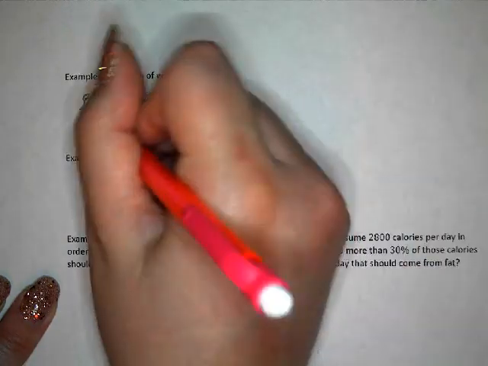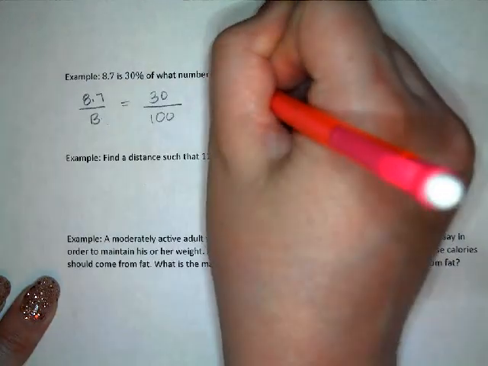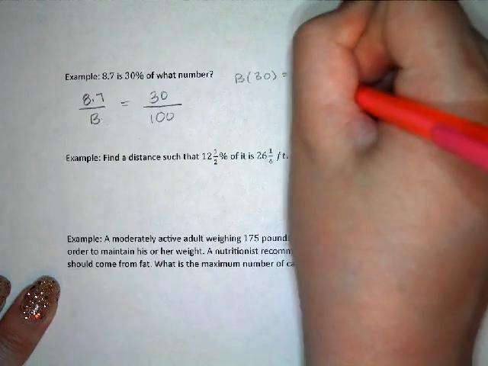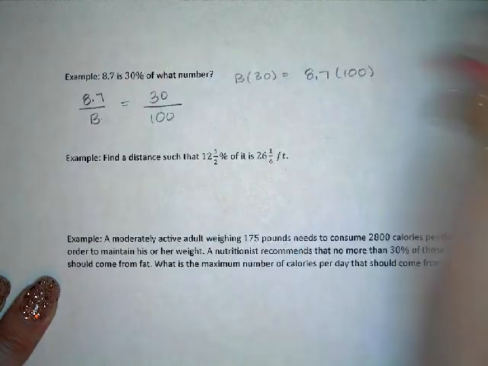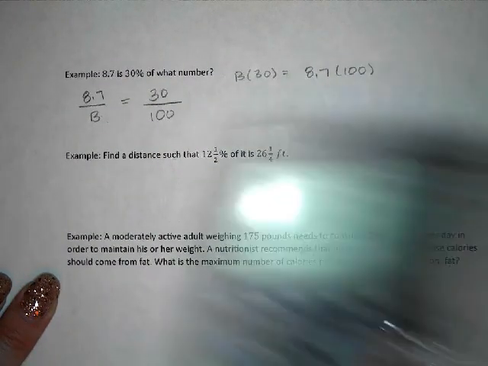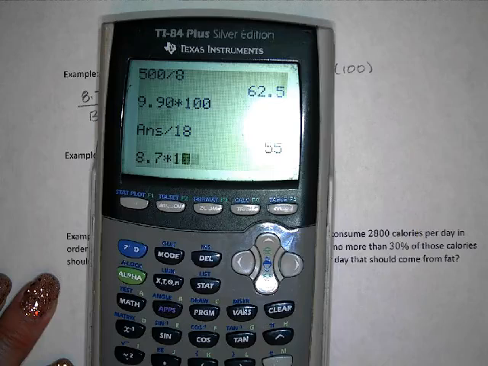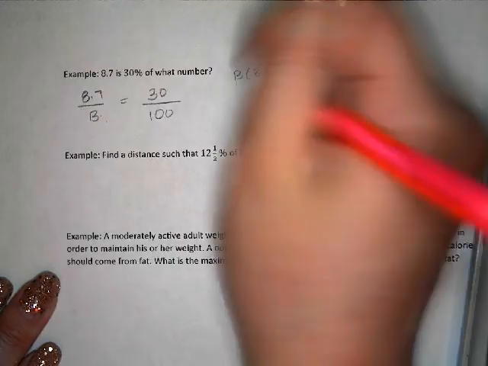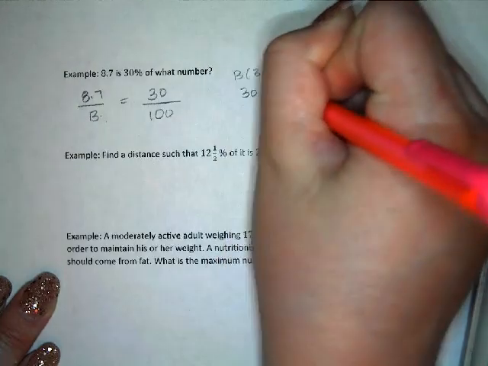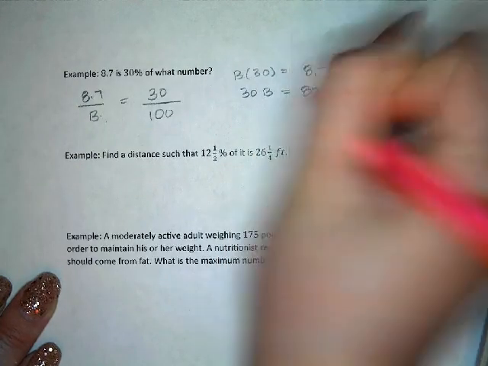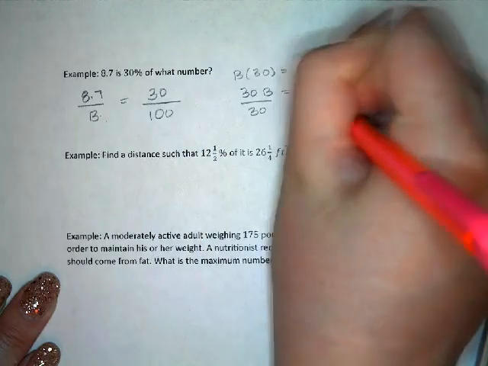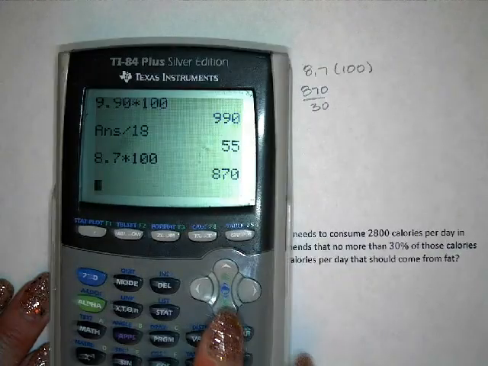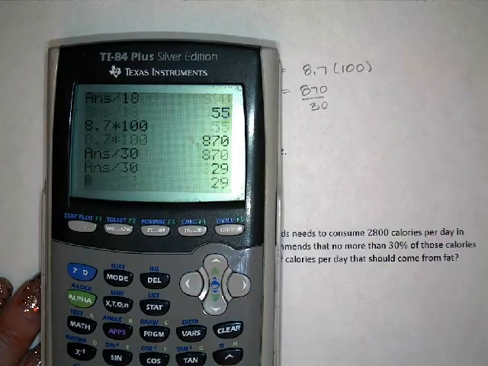So B times 30 is 8.7 times 100. $870. $29.